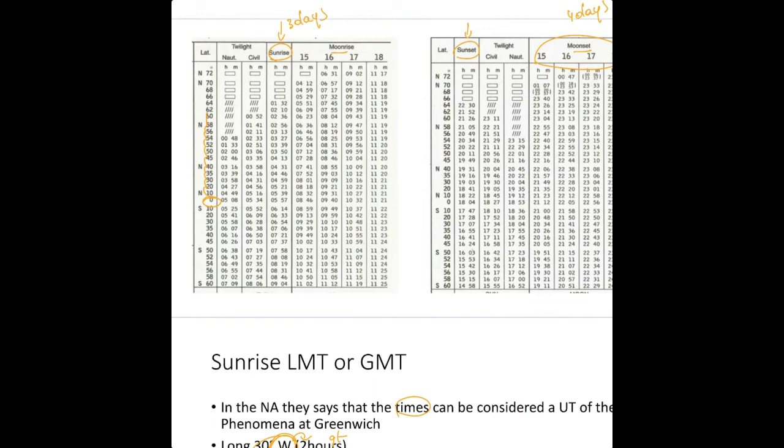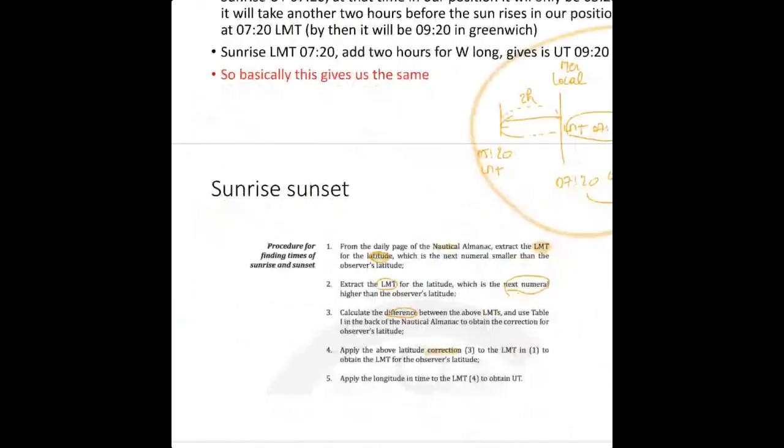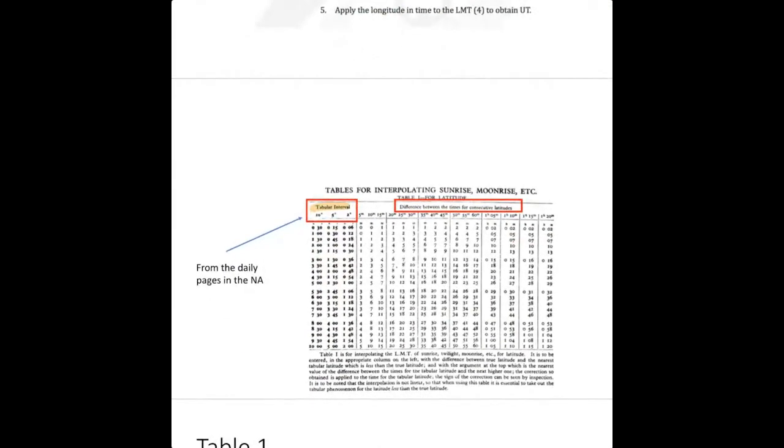This is what they call the tabular interval. So the tabular interval is either 10 degrees, 5 degrees or 2 degrees, and that is what we need in the first place to find the correction to apply to the sunrise and sunset.